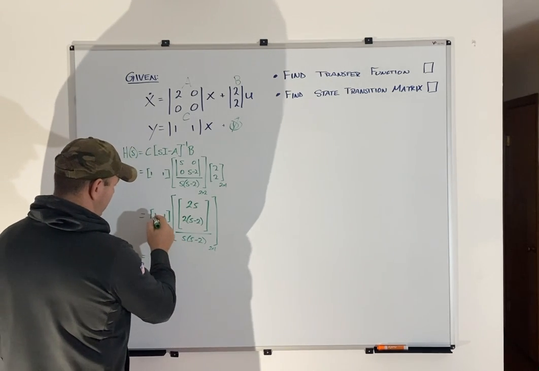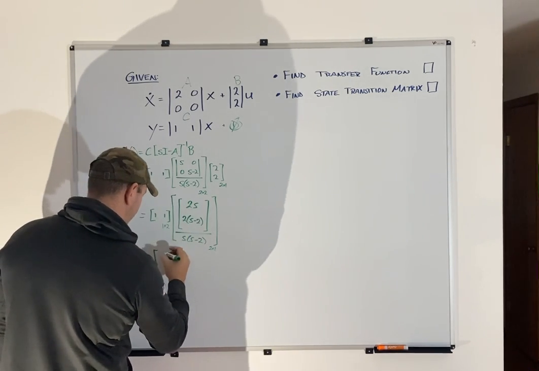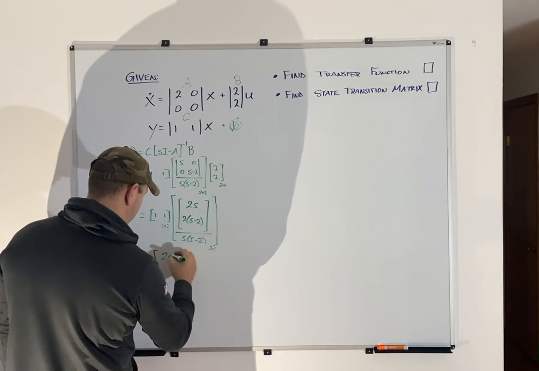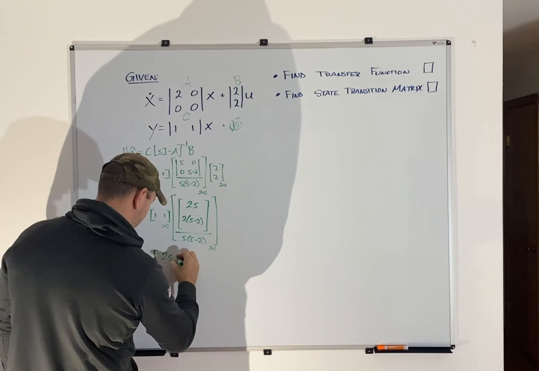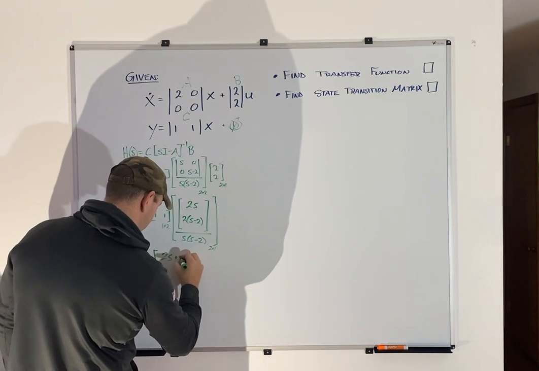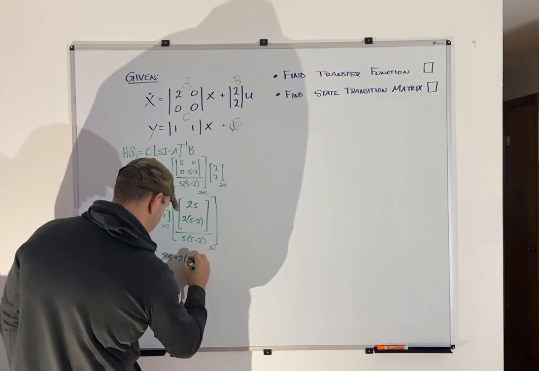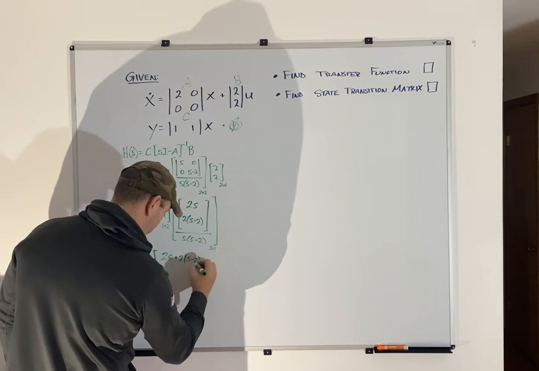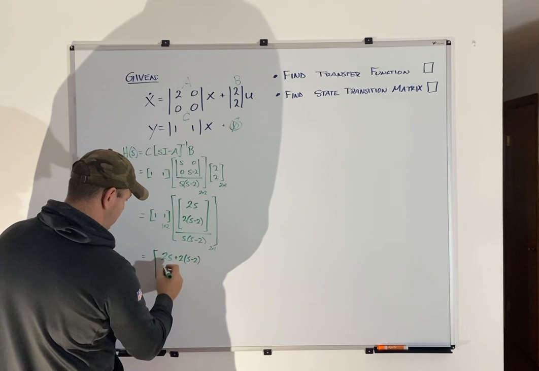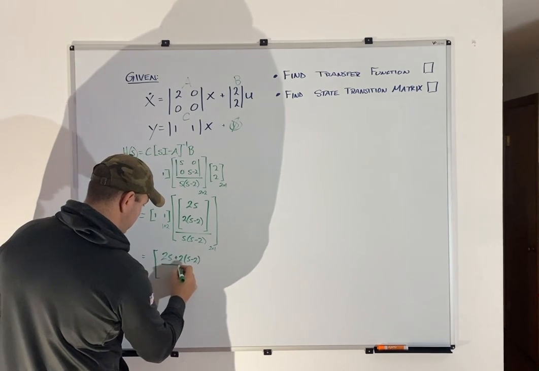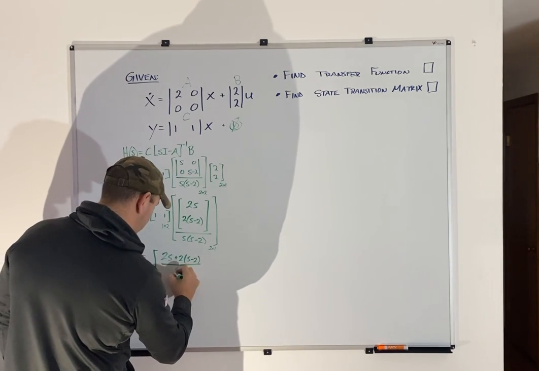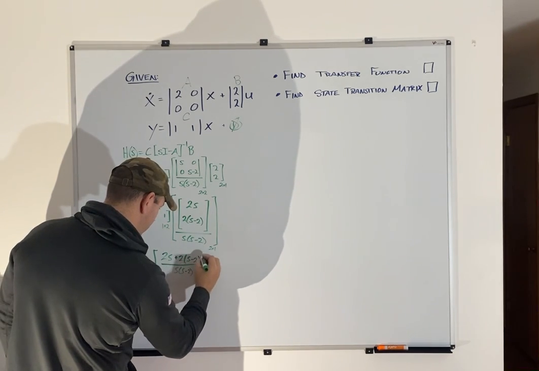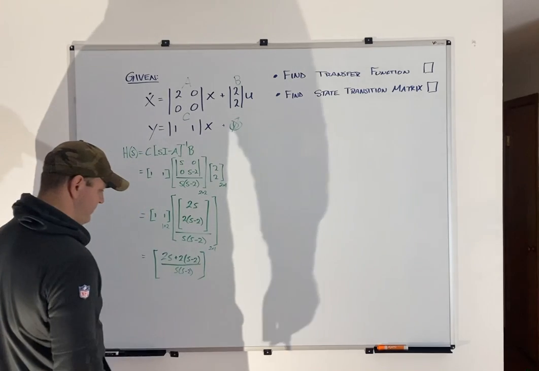Okay. 1 times 2S is 2S, plus 1 times 2 times S minus 2, and that was all divided by S times S minus 2.